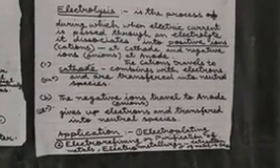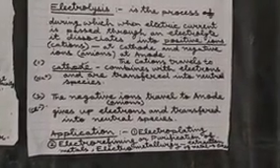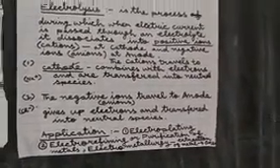Electroplating is the process during which a thin layer of one metal is deposited on the surface of another material by passing electric current. And this electroplating process is very useful in jewelry for making it look more attractive and shiny.